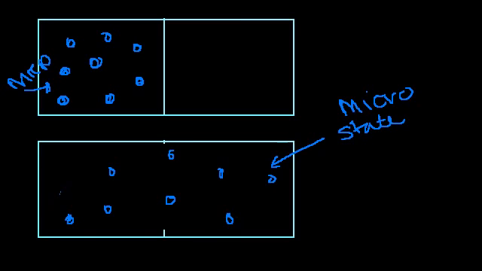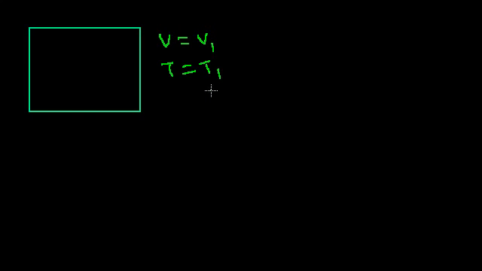What you can say is about a system, and this time I'm going to draw it without the particles, that if I have a container that is this big, so it has some volume, volume is equal to V1. Its temperature is equal to T1. And it has 8 particles in it. This has some entropy associated with it.